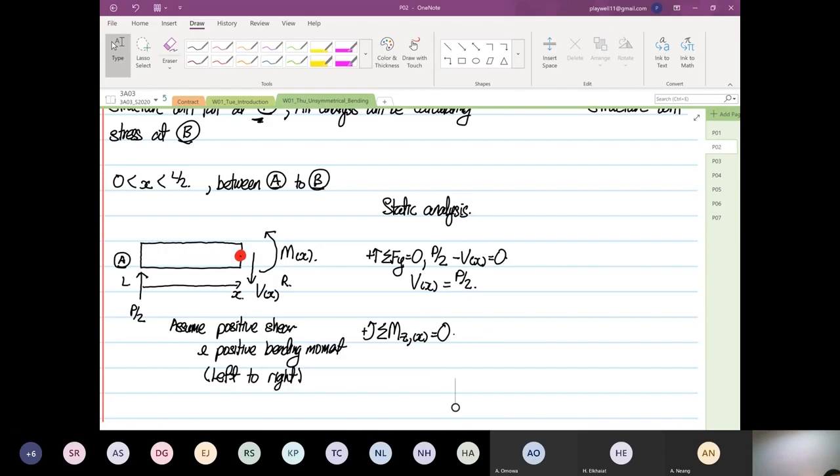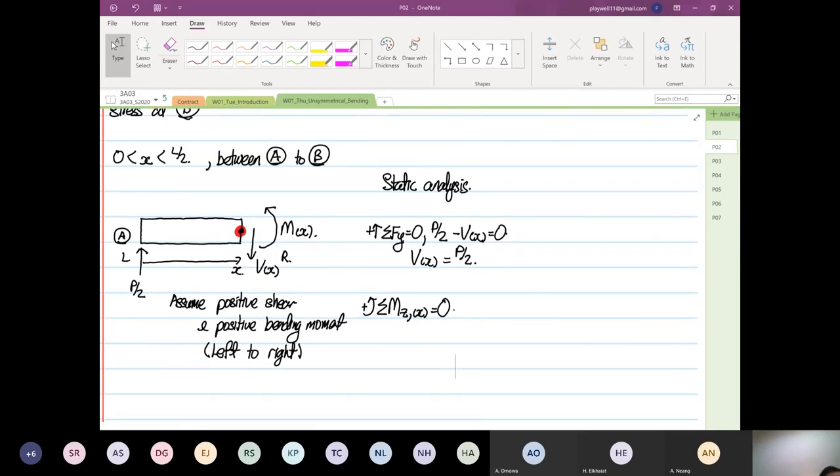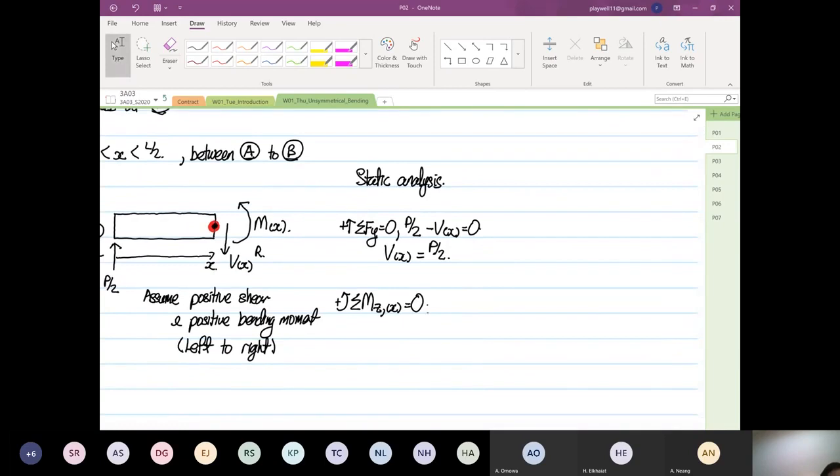So we will form this equation: the P/2 will generate a clockwise moment, so minus Px/2, because it's force P/2 multiplied by distance, negative because it's going clockwise, plus M as a function of x, the whole thing is equal to 0. So from here, we know that M(x) will be equal to P/2 multiplied by x.